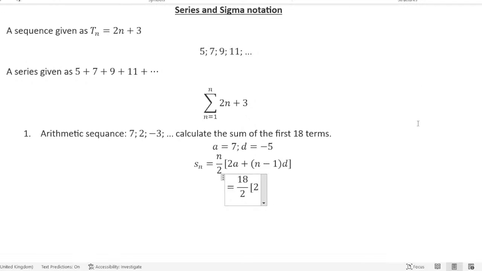So it's 2 multiplied by the value of a, which is 7, plus (n minus 1). So we have 18 minus 1, because n stands for 18 in this case. So it's going to be plus 17 times negative 5.